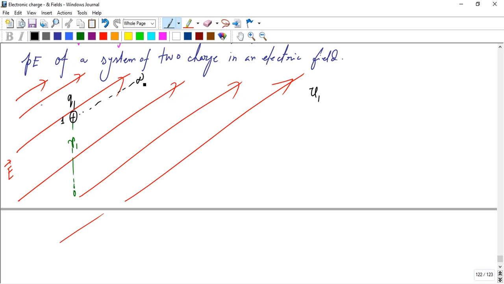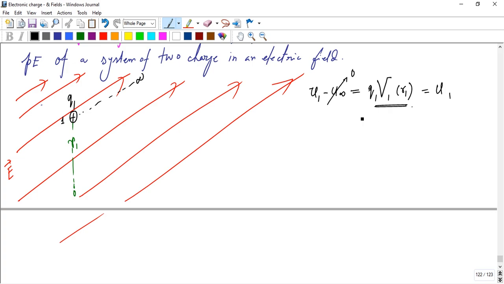Bringing charge Q1 from infinity needs work done. That work done is equal to Q1, the charge, times the potential at 1, a function of R1. We know that the potential energy at infinity is 0. So that is equal to U1, due to the external field.